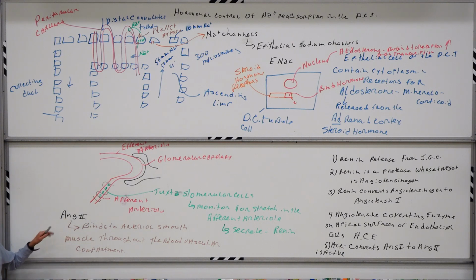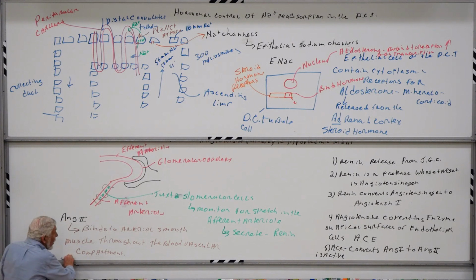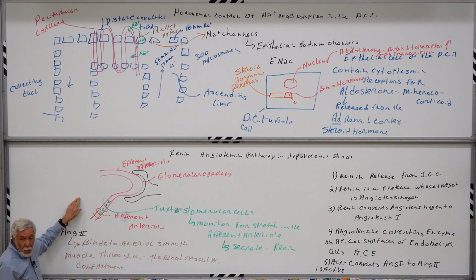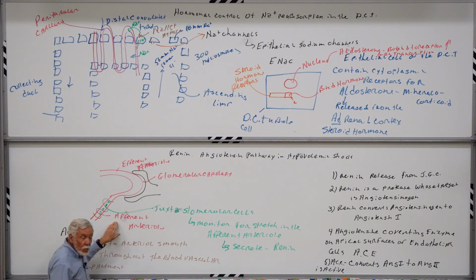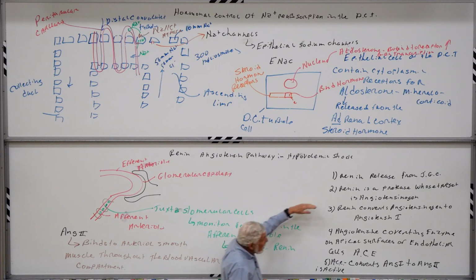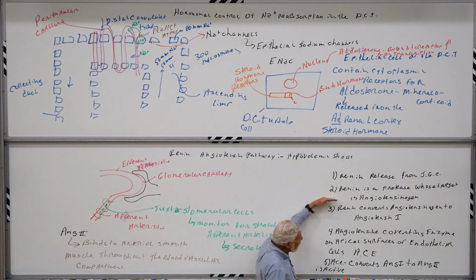So now let's start all over again. Remember, we said that there was a tremendous loss of blood. There was a loss of tension or stretch in the wall of the afferent arteriole. That released renin. The renin then converted angiotensinogen to angiotensin 1. The angiotensin converting enzyme on all endothelial cells throughout the body converted angiotensin 1 into angiotensin 2.